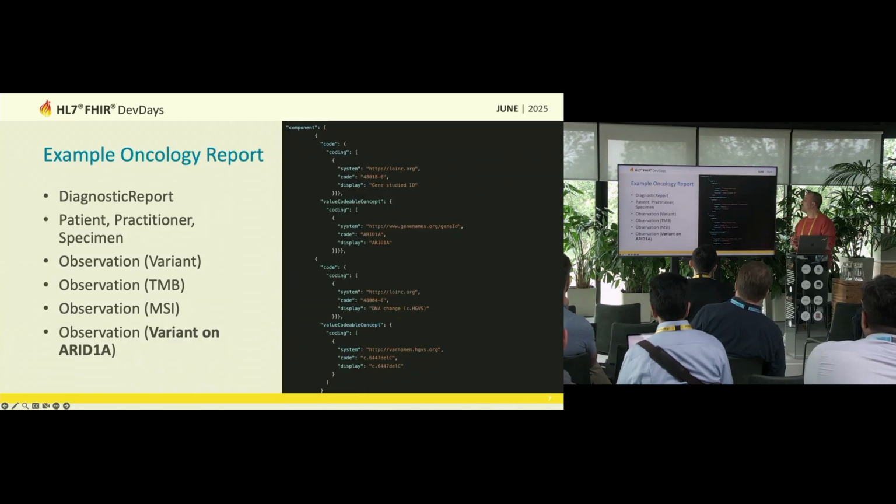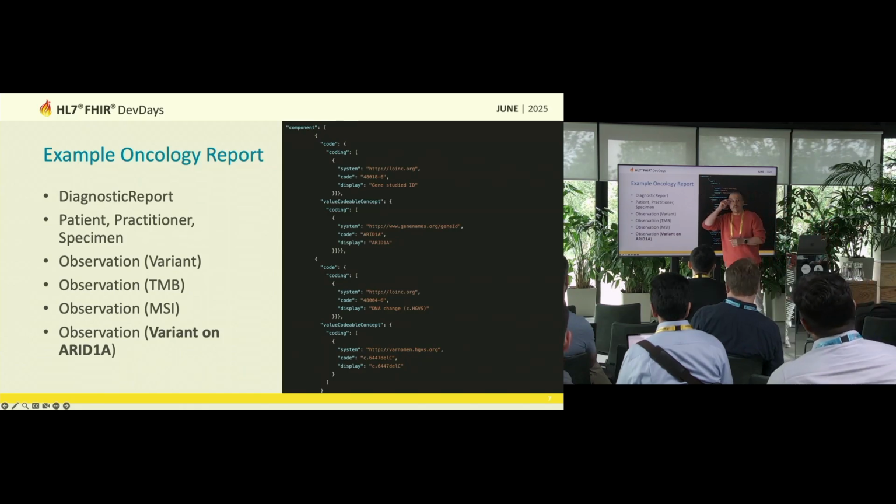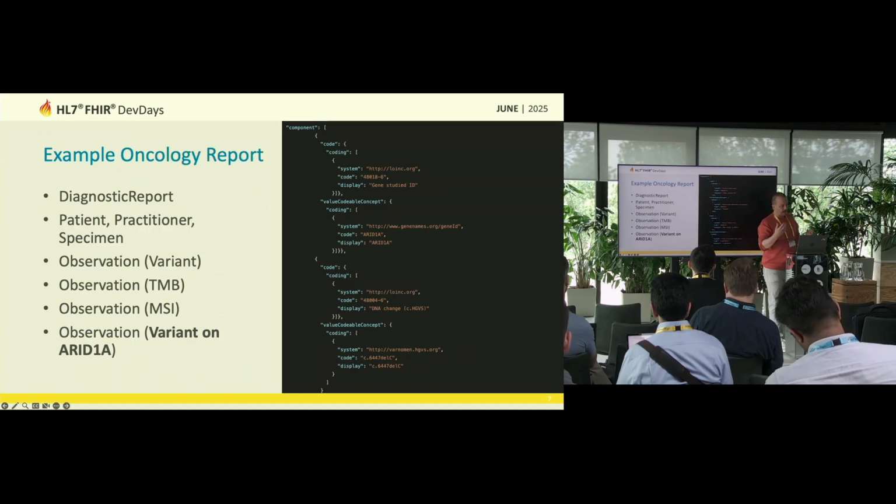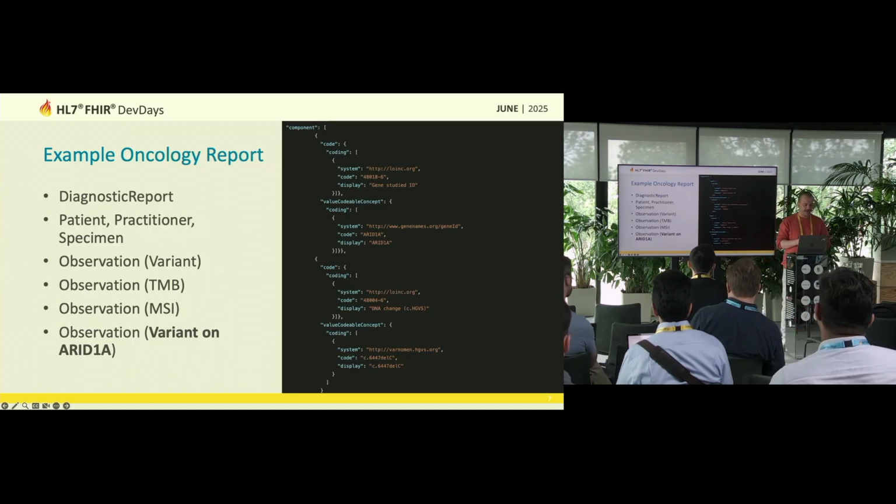To get a better idea of what's part of such a report, I brought you some examples here. So this is an example oncology report. I was working in oncology, so therefore I decided to use this oncology report.